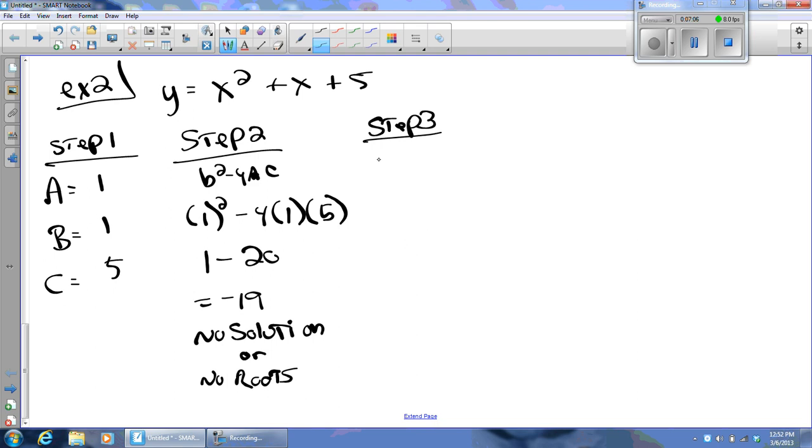find the x coordinate of the vertex. X equals negative b over 2a, and that'll be negative 1 over 2 times 1, and that'll equal negative 1/2. To get the y coordinate of the vertex, I'm going to plug in negative 1/2.